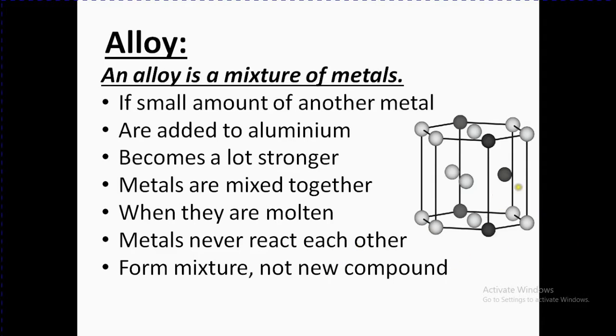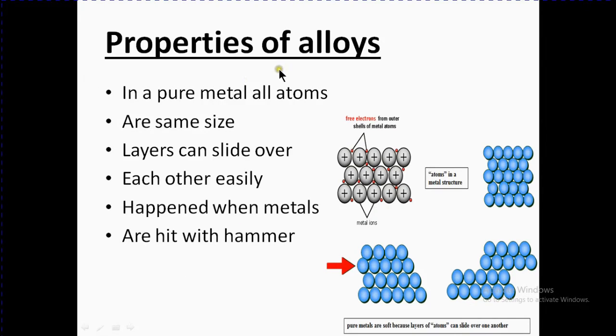So what is an alloy? An alloy is a mixture of metals. You can mix two or more metals and prepare any type of alloy according to your desire. Now we are going to discuss the properties of alloys.